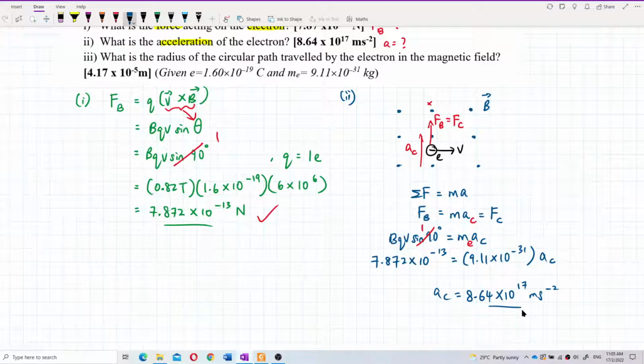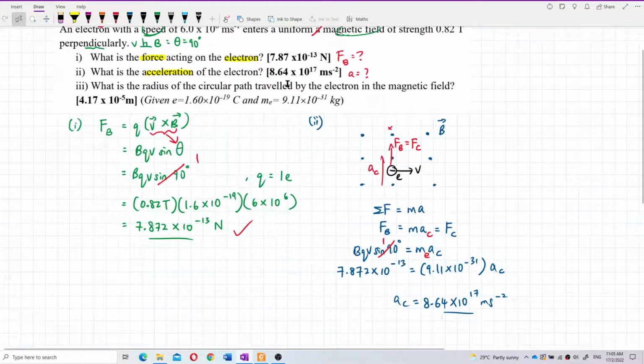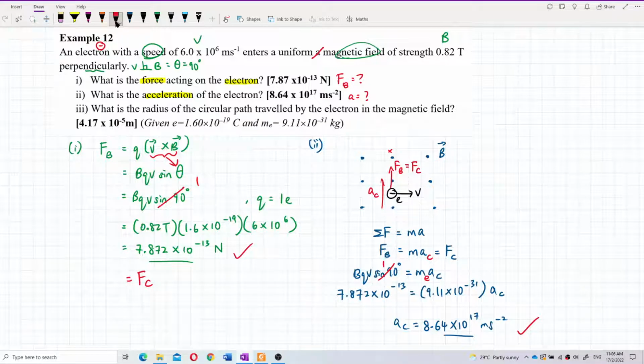That's the answer. Am I right? Yes, 8.64 exponent 17 meter per second square. That's correct. Very simple. Just remember that the magnetic force you got here, 7.872, is the centripetal force also.